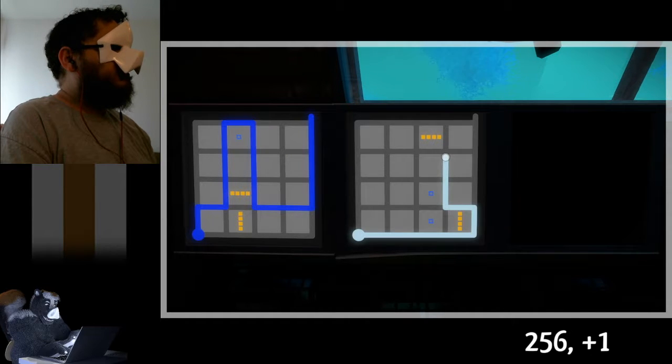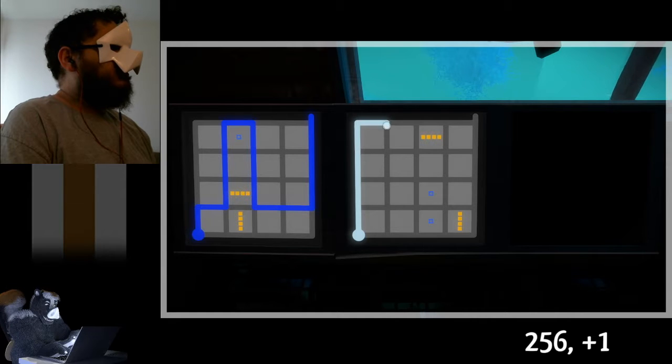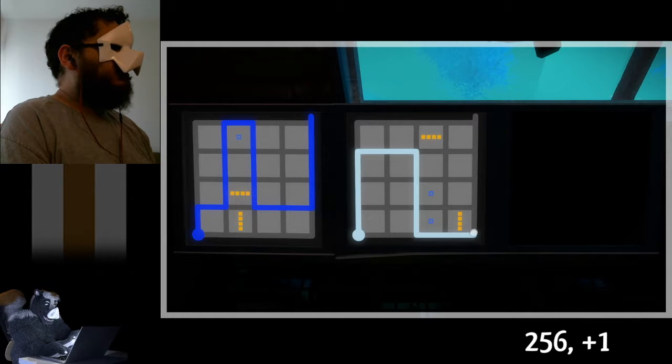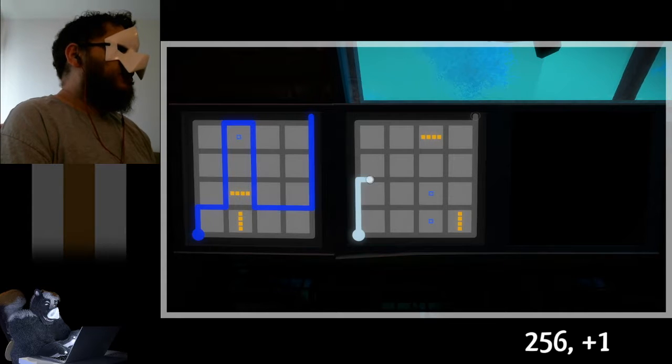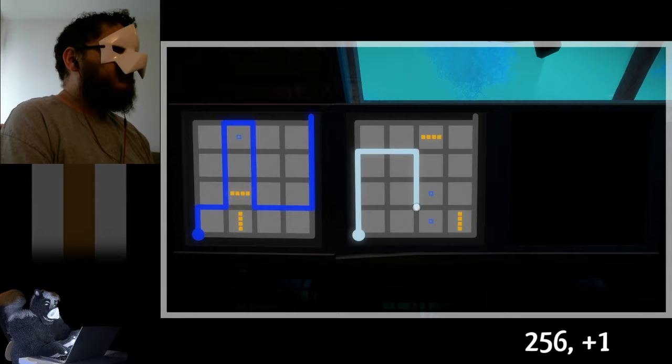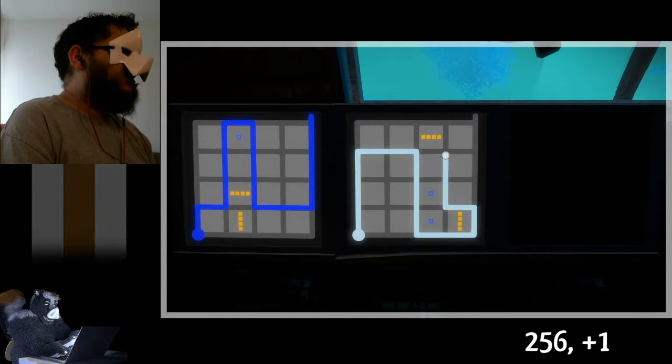Okay. 4 across. 4 up. -2. No? 4 across. Because it's -2 many. Do I have to use all the minuses? What I have to do to get this shape anyway.